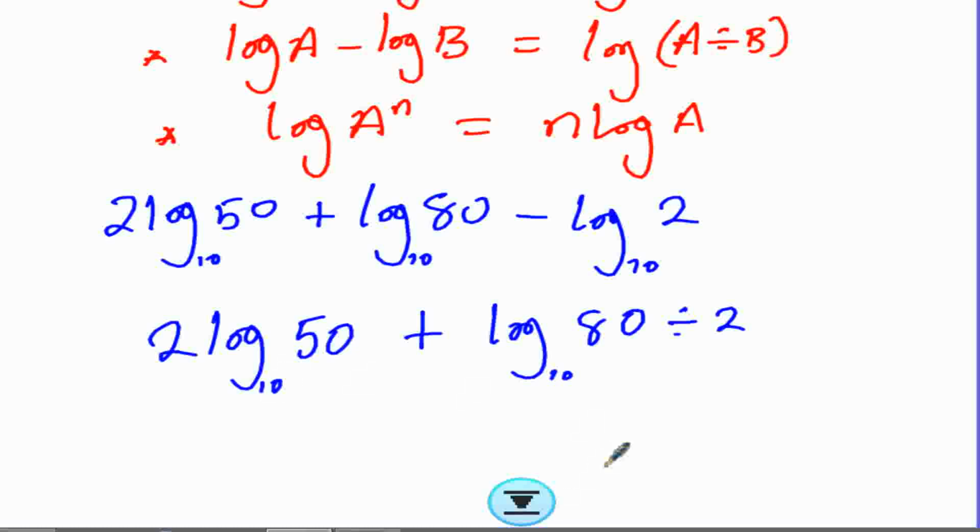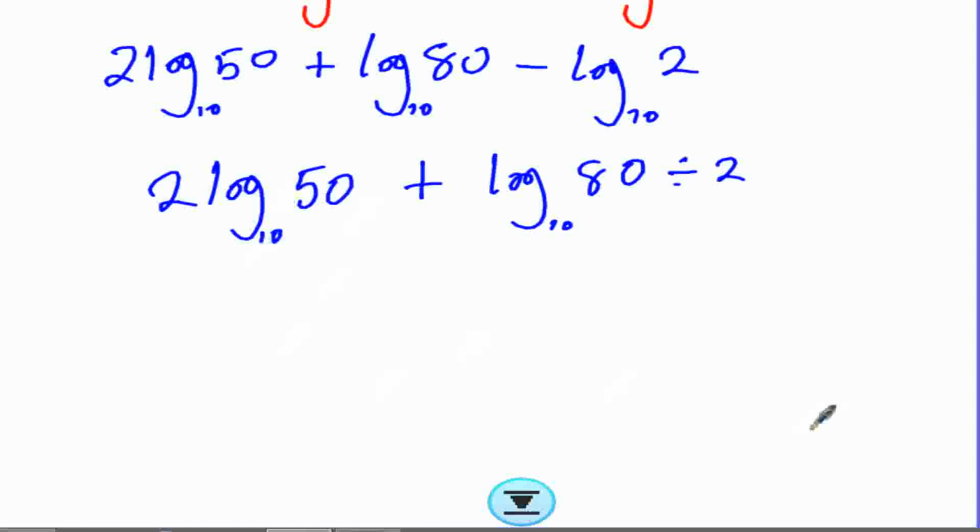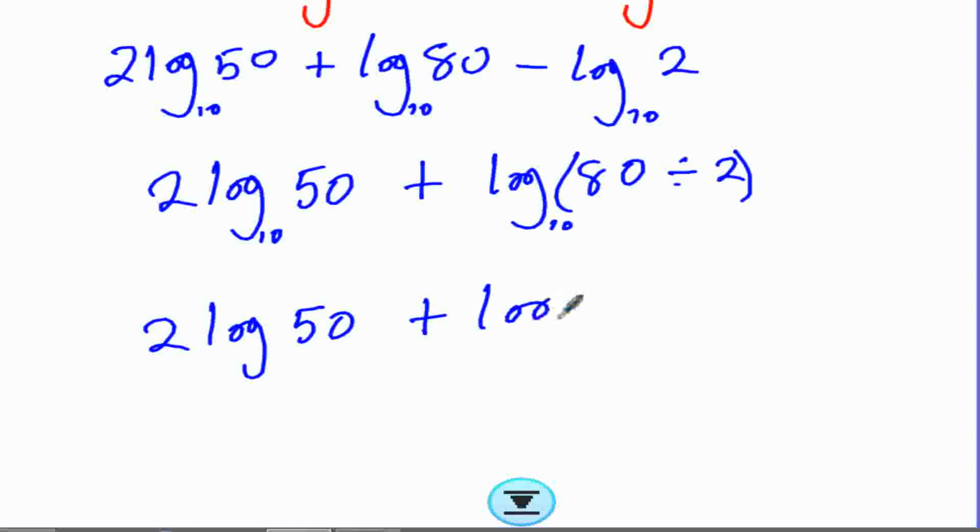A logarithm that doesn't have a base is to base 10, so never worry about forgetting the base 10. So that is 2 log 50 plus 80 divided by 2, you get 40. So it is log 40 base 10.